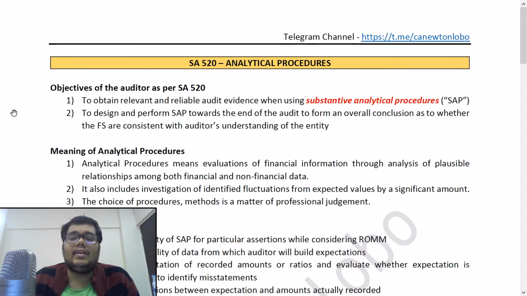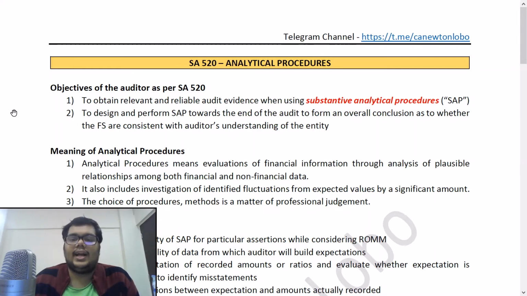Now, substantive analytical procedures is another procedure used to test the numbers that appear in the financial statements. But how do we use this practically? We use it by drawing comparisons between two corresponding periods, like quarter 1 of June to quarter 1 of June last year, or we can draw a comparison between quarter 1, quarter 2, quarter 3, quarter 4, to understand the variance that has occurred between different quarters.